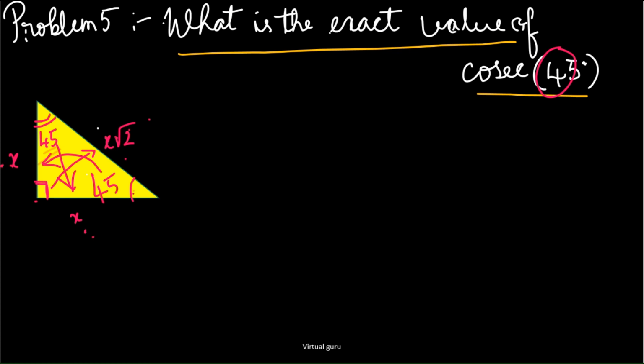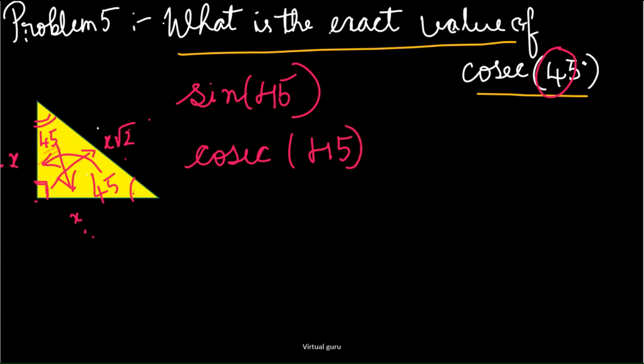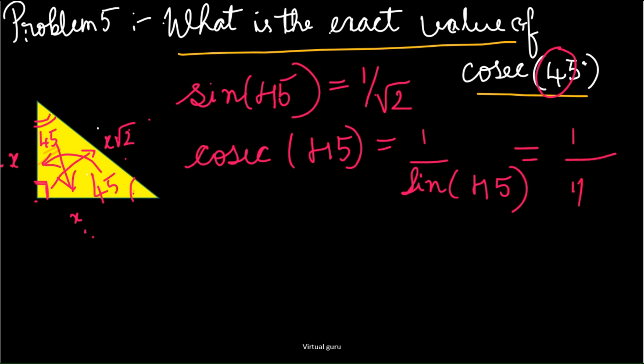Now one way to solve is to take sine of 45, because we know that cosec is the reciprocal of sine. So if we know sine of 45, just take the reciprocal. I have already derived in my previous video that sine of 45 is 1 by root 2. Taking the reciprocal of that, the denominator will come in the numerator, divided by 1, that is equal to root 2.